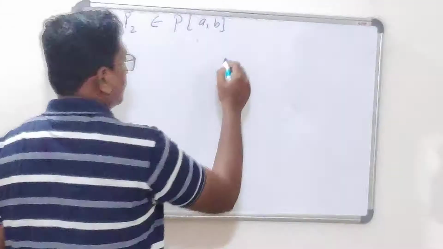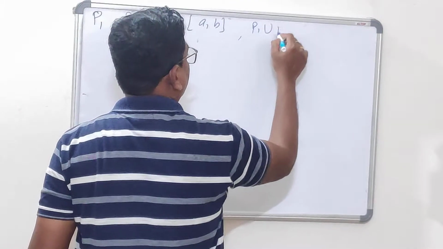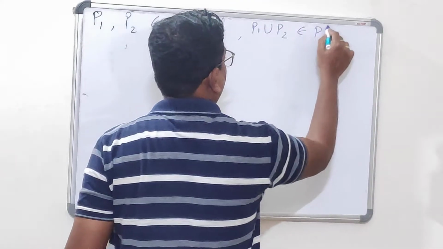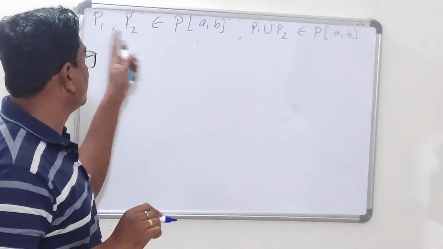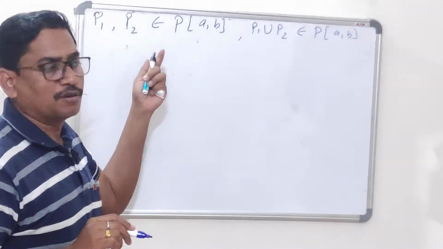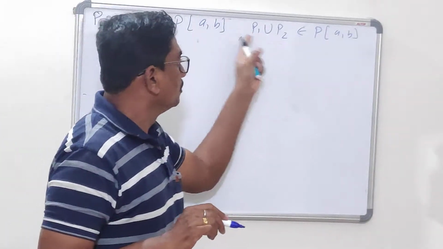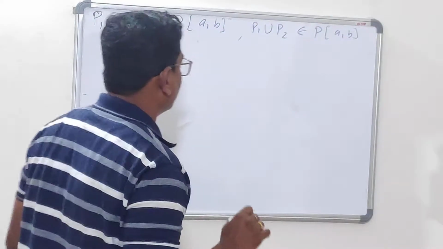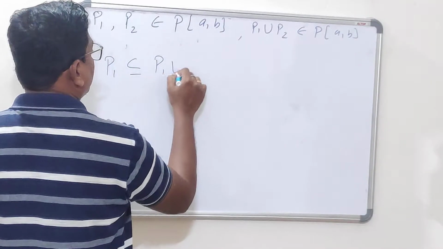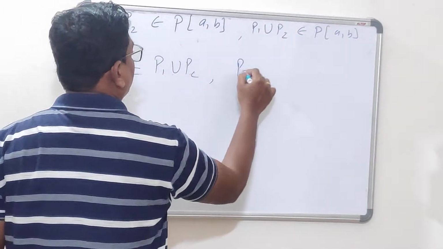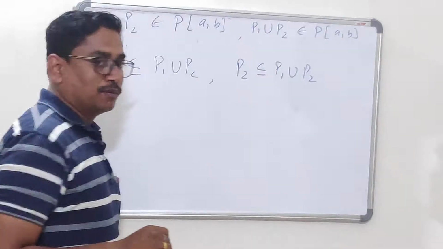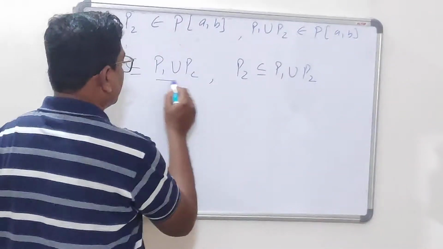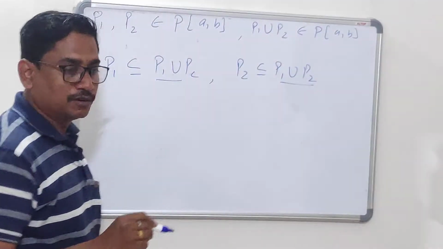Then one can see that P1 union P2 is also a partition of the closed interval [a, b]. Besides the first and last points, which are common, there may be other common points also, but whatever the union is, it also constitutes a partition of [a, b]. Then naturally P1 is a subset of P1 union P2, and P2 is a subset of P1 union P2. So both have a common refinement.